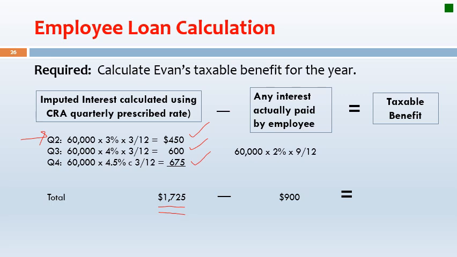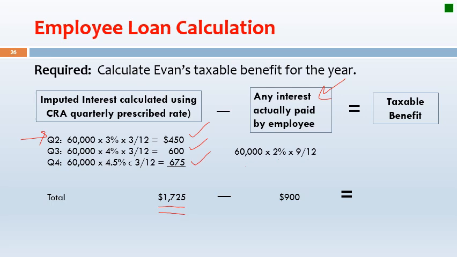Now we're going to subtract any interest that's actually been paid by Evan during the year. So we'll move over to this second step, where we take the amount that he borrowed, $60,000, times the interest that he actually paid. He was charged 2%, so we'll multiply 60,000 times 2%, and multiply that by 9 over 12, because he borrowed the money in April: April, May, June, July, August, September, October, November, December.